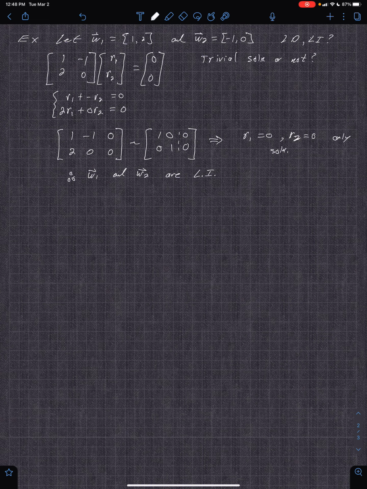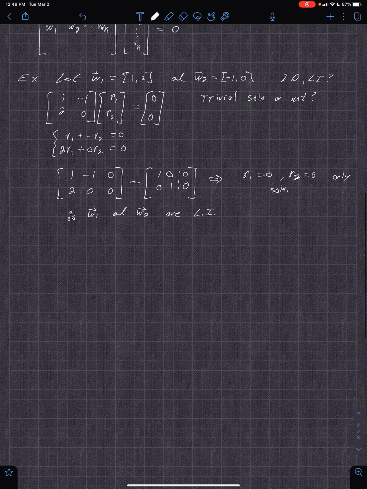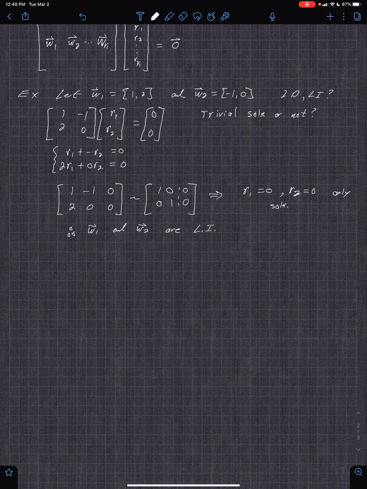This has to do also with whether the vectors span. So what would be a good question here? Another way of writing this, as we would have seen in chapter 1, is: do vectors W1 and W2 span R2?